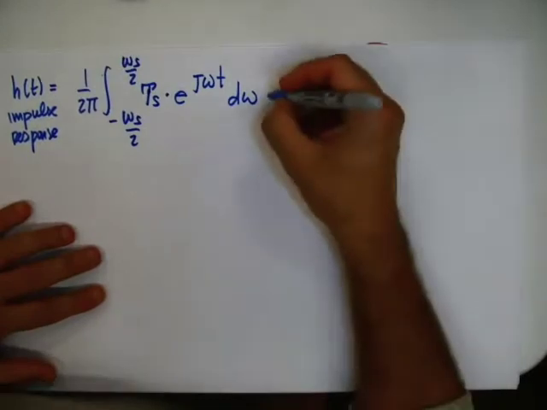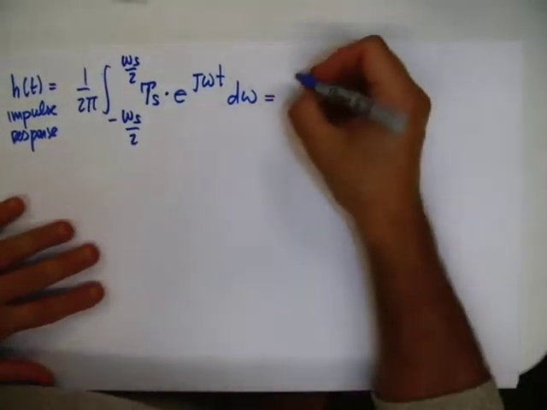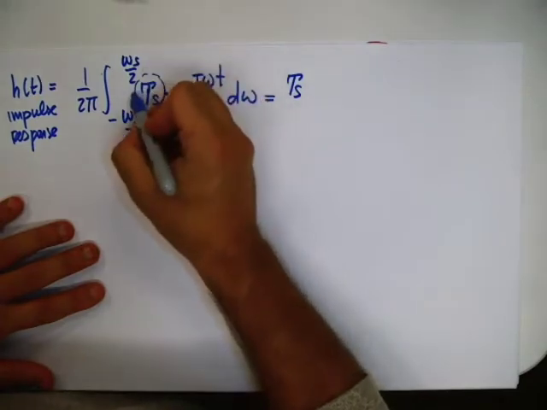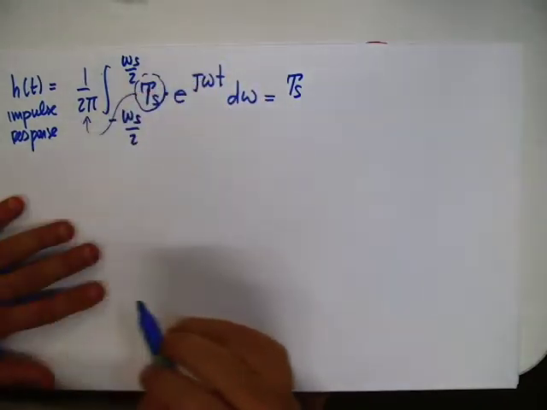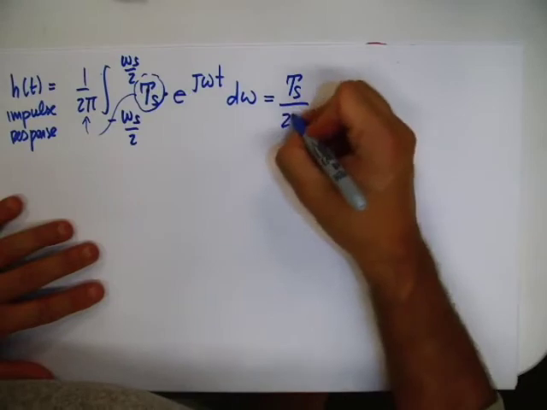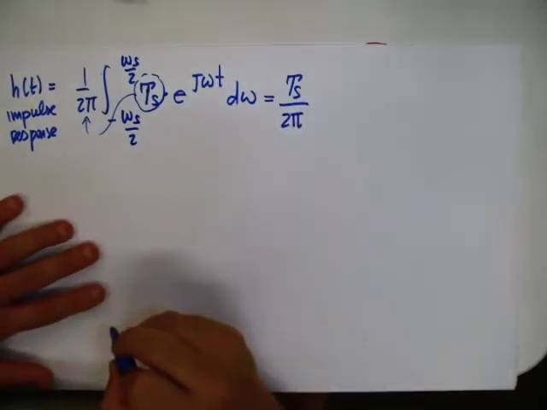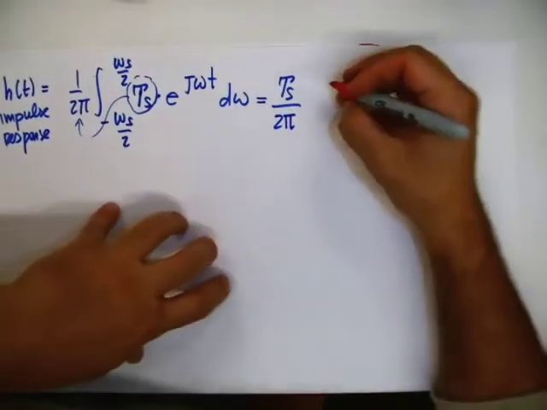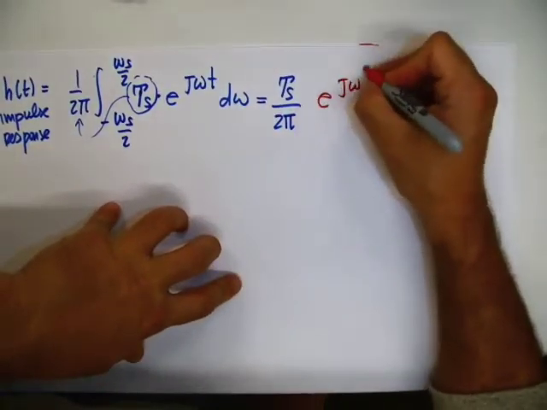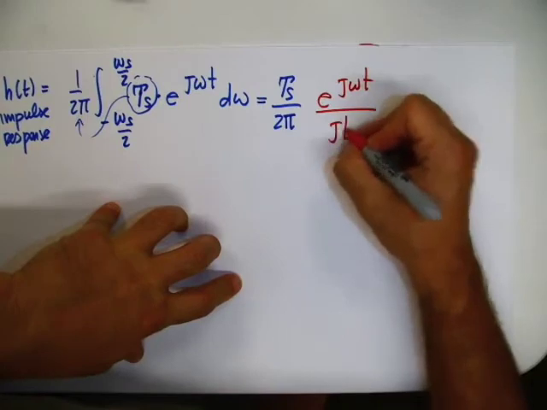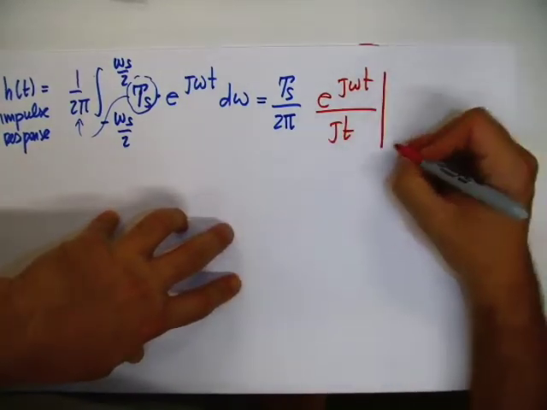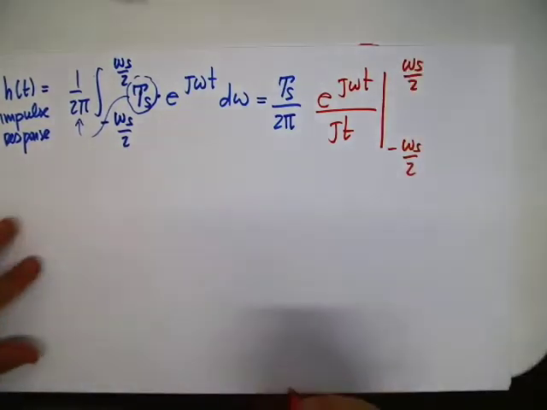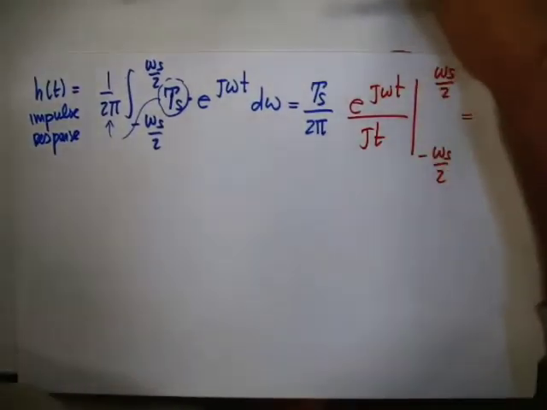This is pretty straightforward because I take Ts and bring it outside, and I will have Ts over 2 pi of this integral, which is easy because it is equal to e to the j omega t divided by jt, computed between minus omega sub s divided by 2 and omega sub s divided by 2. And this is equal to what?